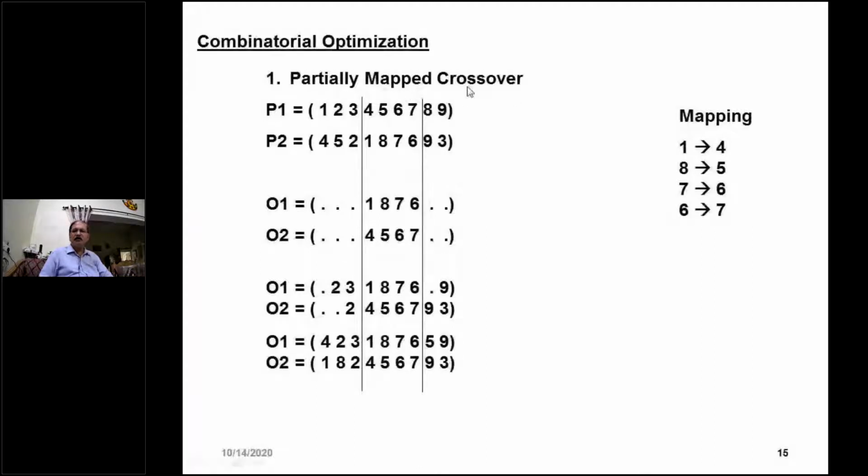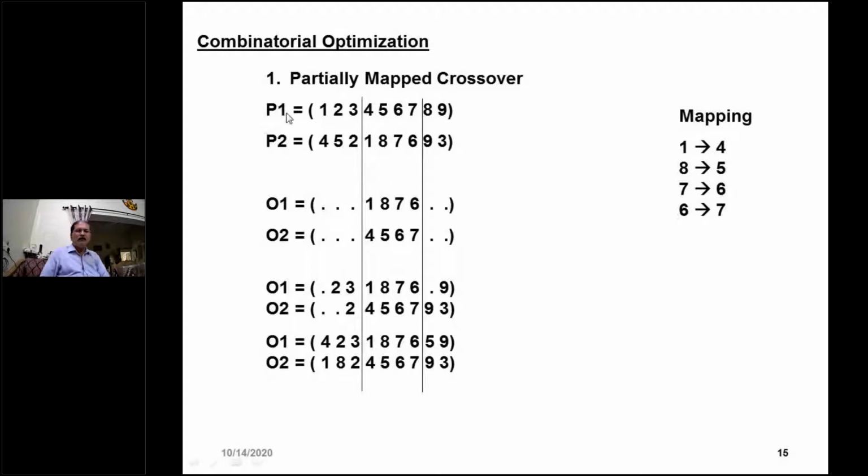Here, suppose parent 1 and parent 2 are there. The objective is to select the combination, whether you apply it to group technology problem, assembly line balancing problem, facility layout problem, or scheduling problem. We are finding a combination of the jobs, or combination of the departments, or combination of the parts, or combination of the machines. So this is what we do.